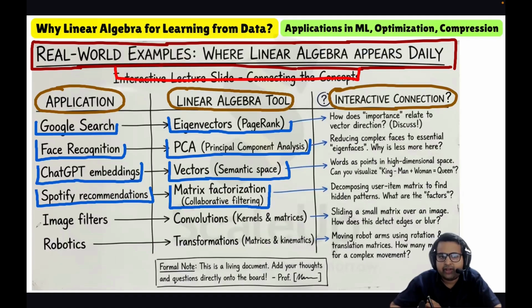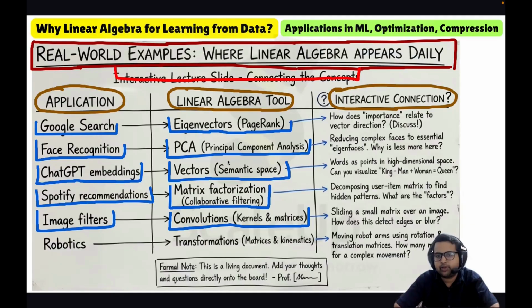In image filters, we make use of the linear algebra tool called convolutions, kernels and matrices. So in convolutions, we slide a small matrix over an image and we perform specific operations like detecting edges and blur. The next application is robotics.